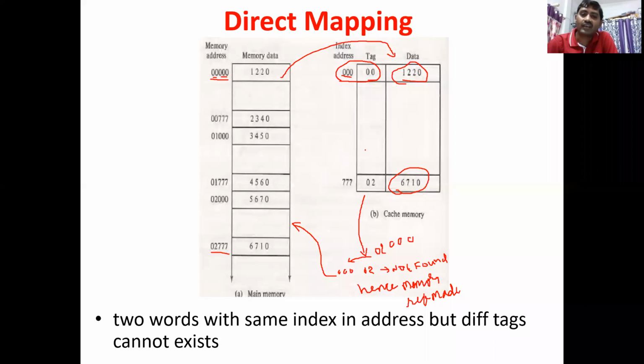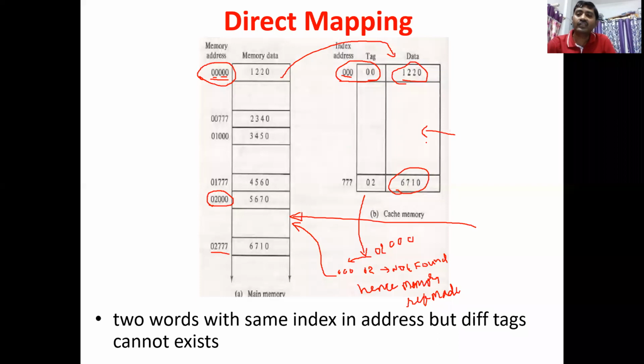For example, I have one thing called 02000 and 00000 in the main memory. So if I convert this into it, it is not possible. So what will happen here? That is one of the disadvantages. What will happen is that the CPU has to refer to the main memory, not the cache memory.